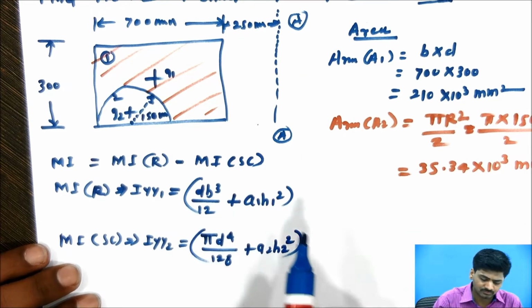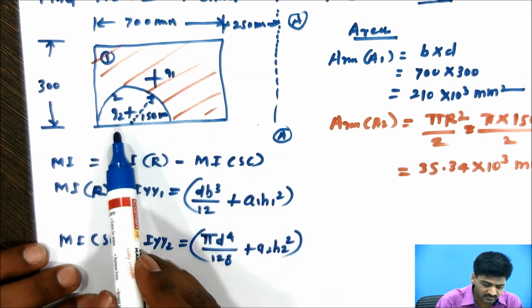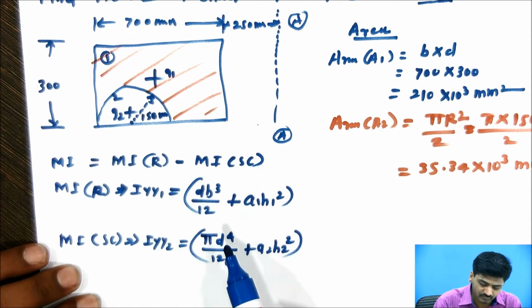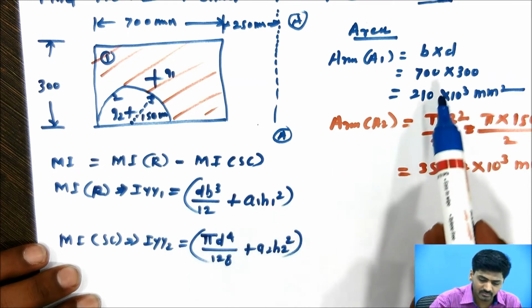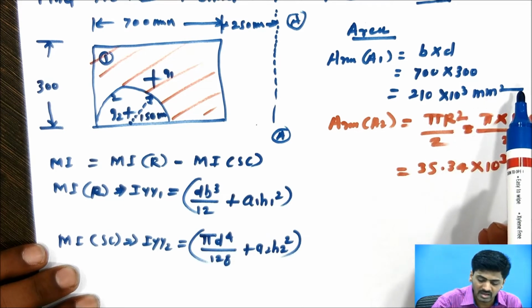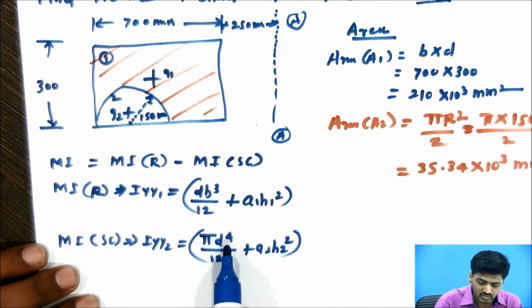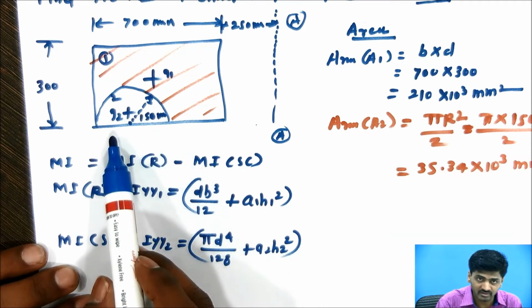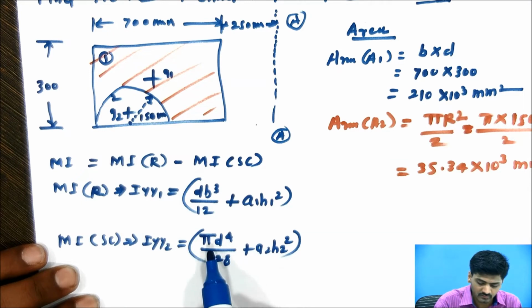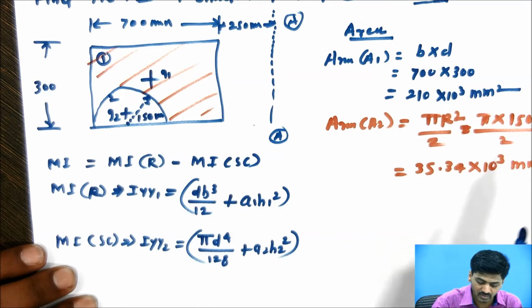Now we know the value, depth D is 300, width B is 700, divided by 12, plus area of figure number 1 already calculated, 210 into 10 power 3 mm square. Similarly pi, you know the radius is 150, diameter is 300, so pi into 300 raised to power 4 divided by 128 plus A2, area 35.34 into 10 power 3 mm square.